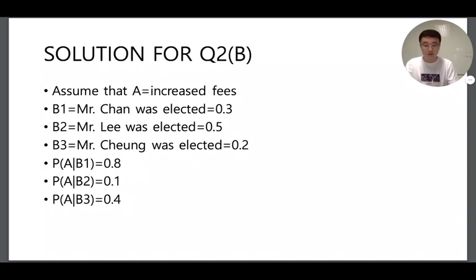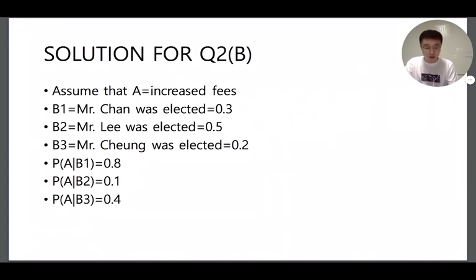The solution for question 2b. First, we assume that A equals the increased fees, and B1 equals the probability that Mr. Chen was elected, which equals 0.3, and B2 equals the probability that Mr. Li was elected, which equals 0.5, and B3 equals Mr. Chen was elected, and the probability of B3 is 0.2.